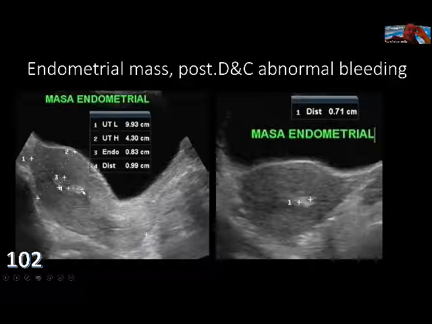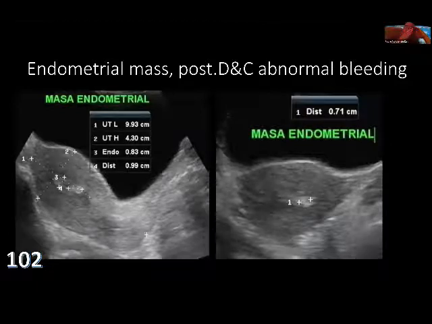In order to find a 1 centimeter mass, if you move like this, you will not see it. You have to move slow. You're better than a CAT scan and cheaper.